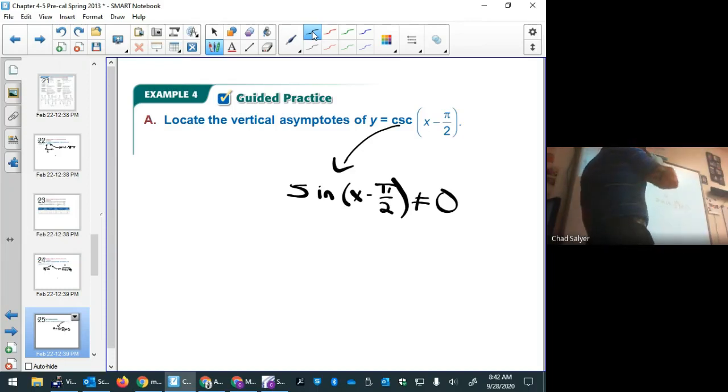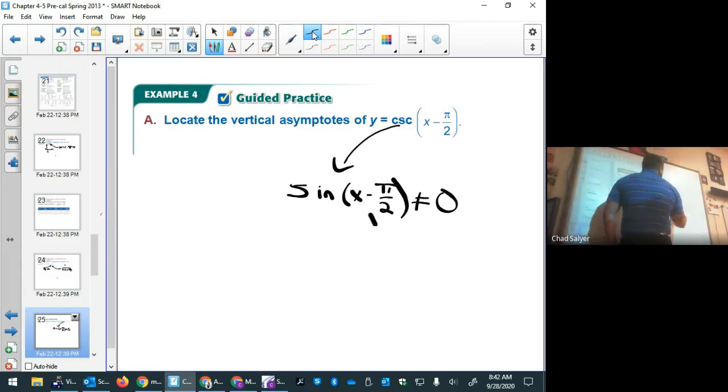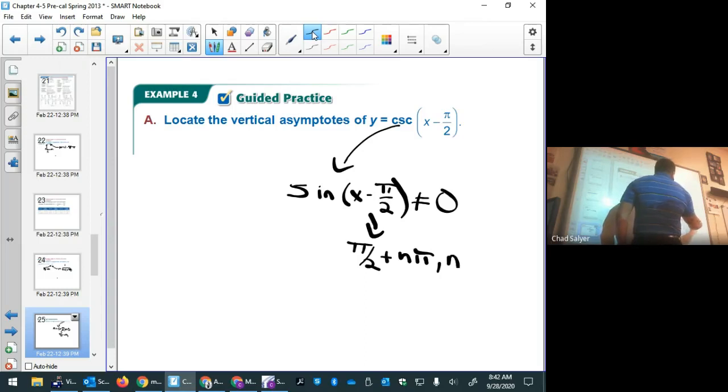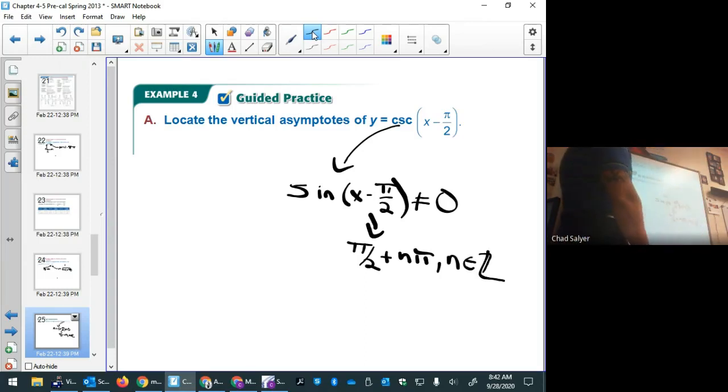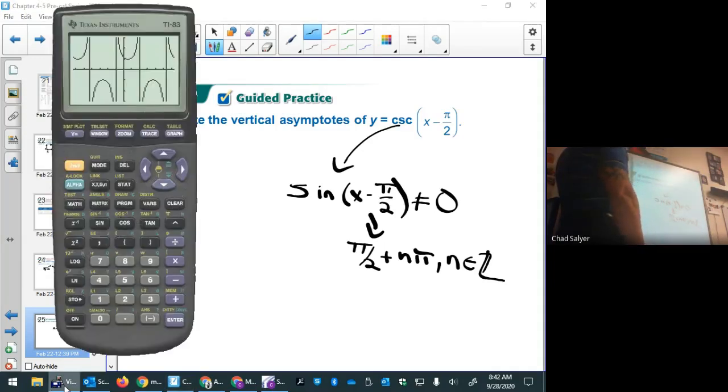Well, normally 0 is a 0 plus pi, but here we're going to shift all of that leftward pi over 2. So it's going to work out to be pi over 2 plus n pi, where n is an element of the integers. Those are the values of x that are going to cause that to be 0.